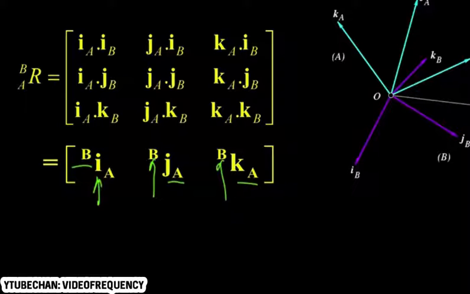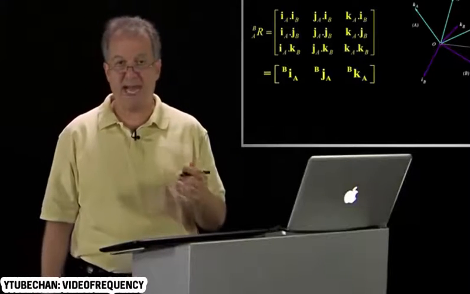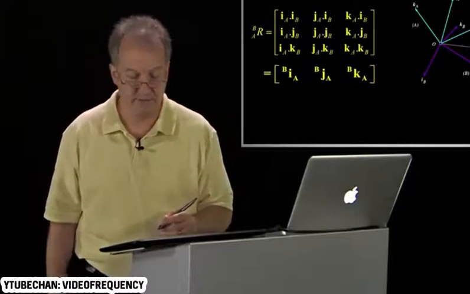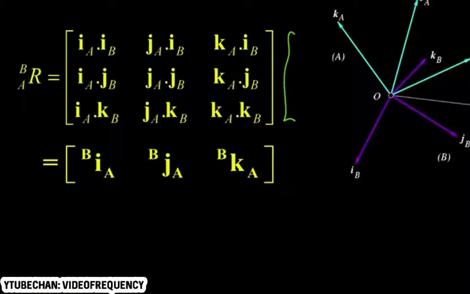Well, let's think about it this way. Suppose I had a point vector in the A frame that was just a value of 1, 0, 0. What that means is it's actually a distance of 1 in the I direction of the A frame and none in the J and K of the A frame.